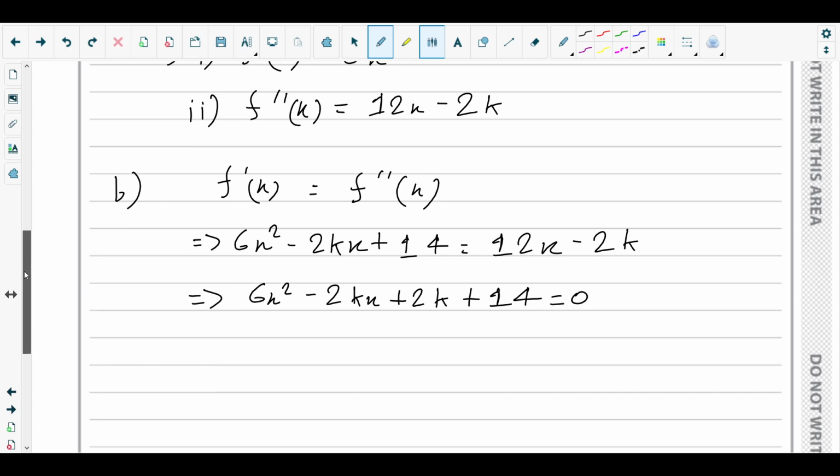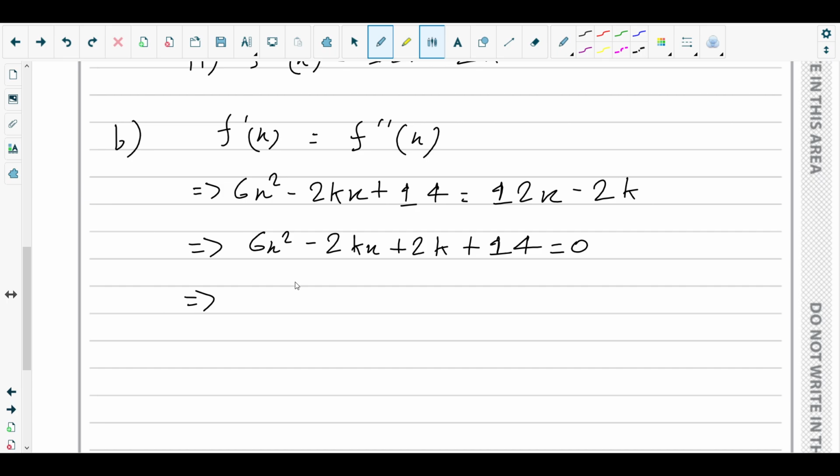Now we can represent it in the form of a quadratic expression, that is ax squared plus bx plus c.